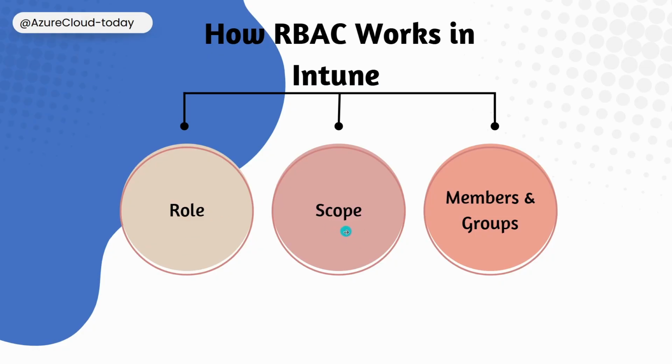Block 2 over here is scope, and a scope defines where this role applies. Think of this as a boundary where your company, for example, has two locations, Ireland and Germany. In this scenario, you can create a scope tag for each of those locations.